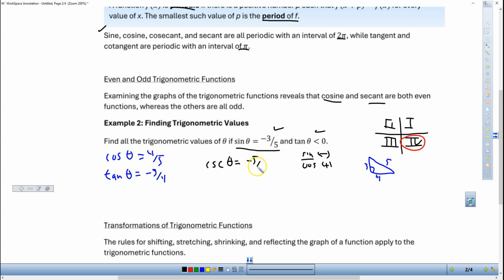So this is going to be negative 5/3. If I want to know what my secant value is, again, look here at my cosine, and I'm going to flip that over to 5/4. And if I want to know my cotangent value of theta, I'm going to look here at my tangent and flip that over to 4 over negative 3.